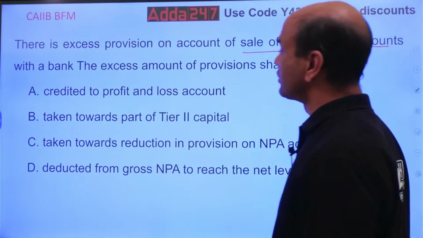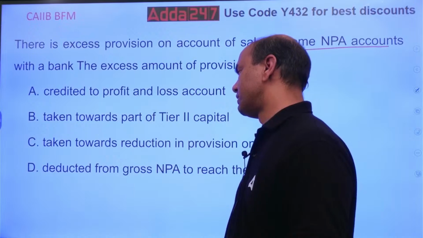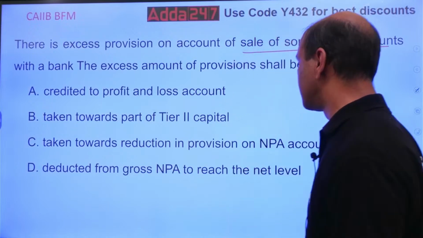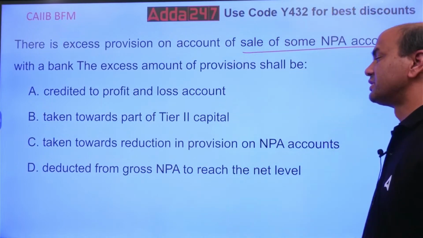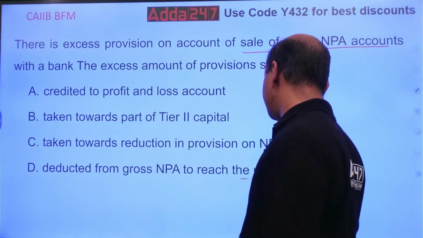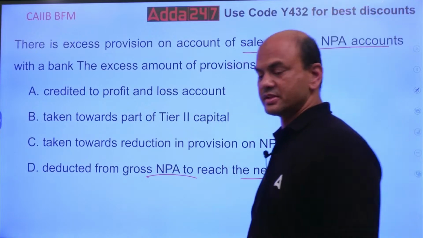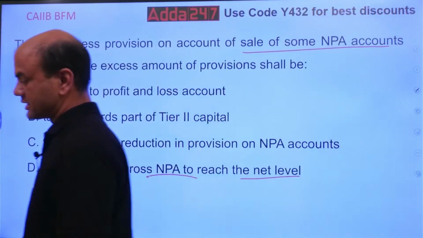It will be credited to P&L account, taken towards the part of tier 2 capital, taken towards reduction in provision of NPA accounts, deducted from gross NPA to reach the net level. What do I do with these provisions? Think everyone. Check the answer.